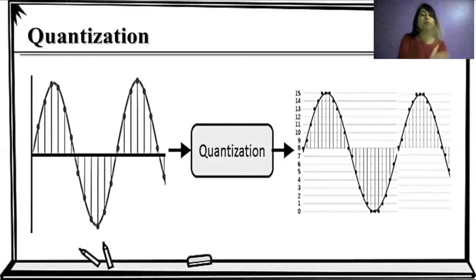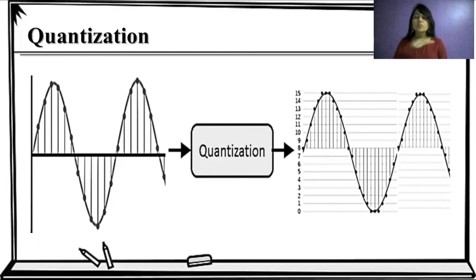Then we give this sampled information to quantization. Like this we convert the sampled value into parts, or quantization levels, for conversion to digital information. Here we make a total of 16 quantization levels, 0 to 15, that means 16 values.